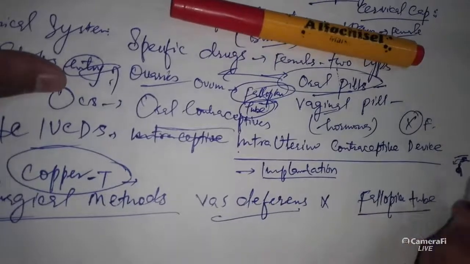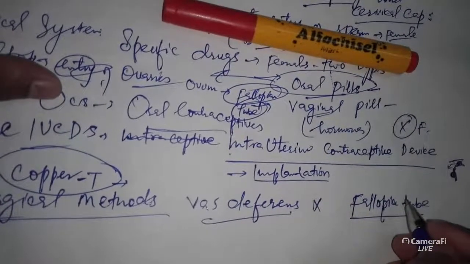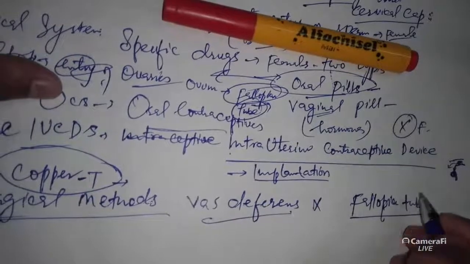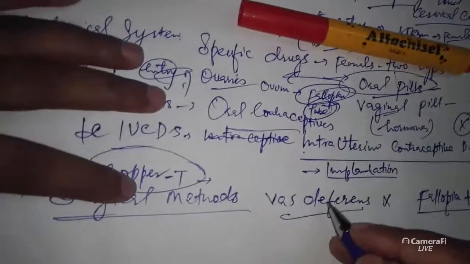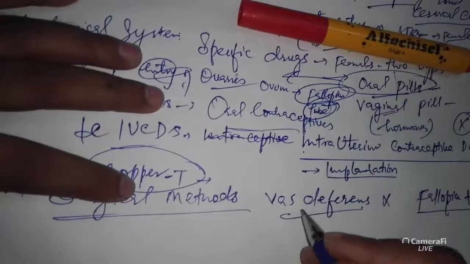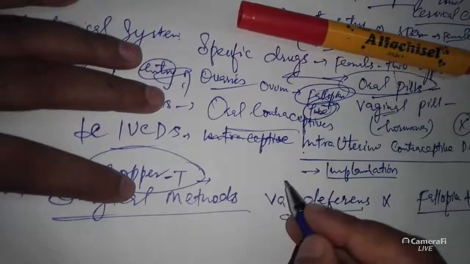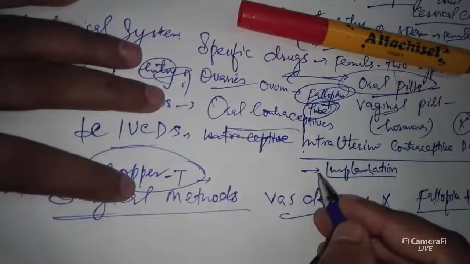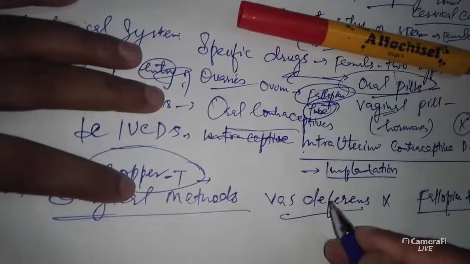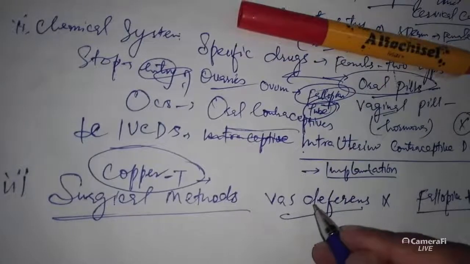The fallopian tube is the pathway for the egg, ova, to come from the ovary to the uterus, and the vas deferens is the connection for the sperms to move from the testes to form the semen.